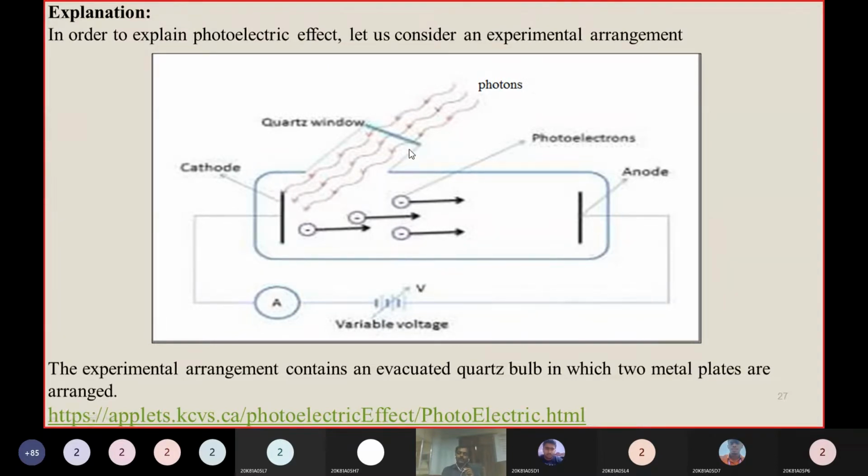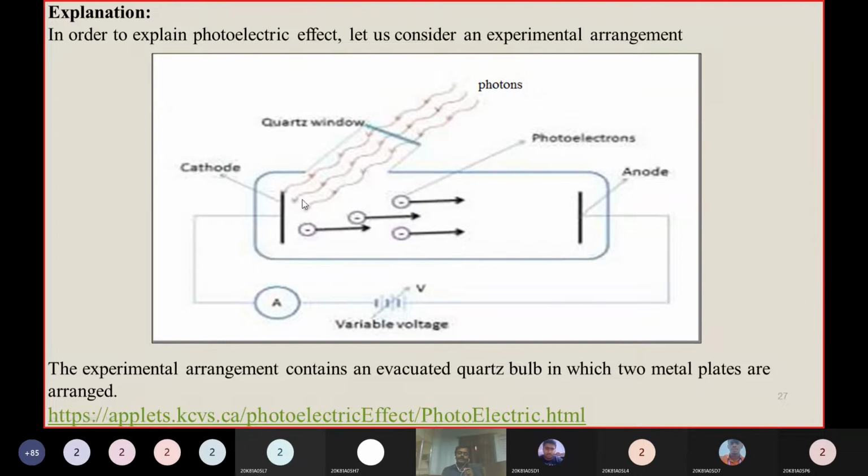The cathode is the metallic plate connected to the negative terminal. Let us take the cathode as plate A and the anode as plate B. The cathode is the negative plate, connected to the negative terminal of the battery, and the anode is connected to the positive terminal of the battery.